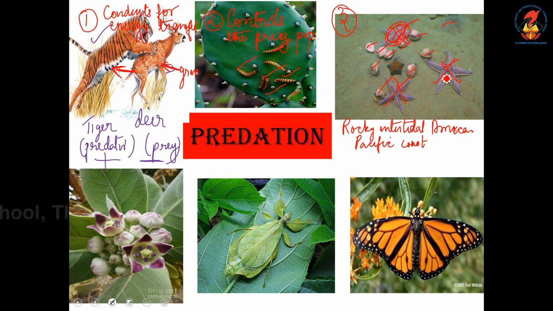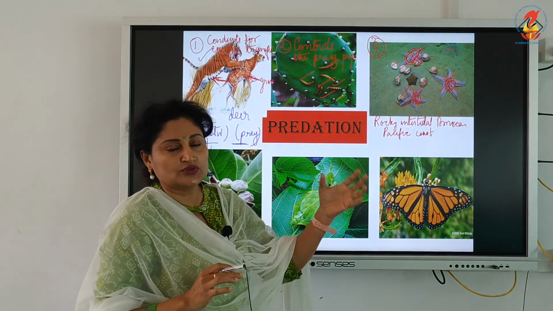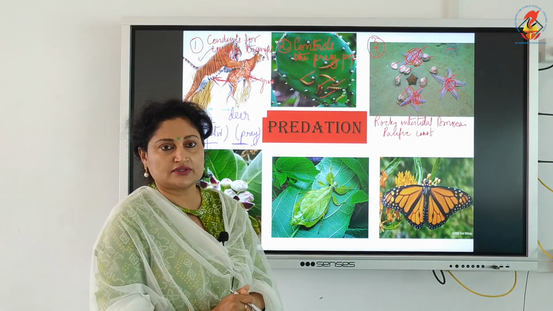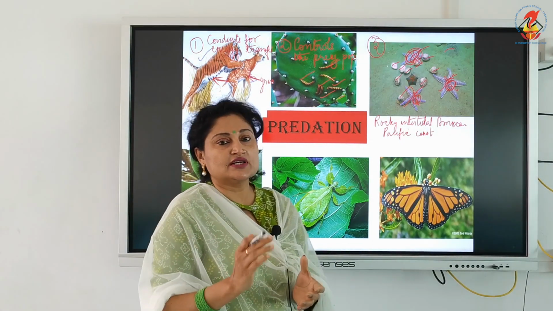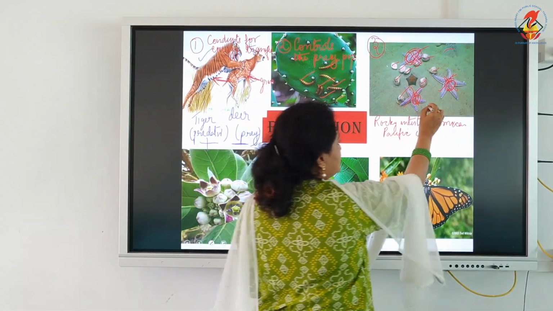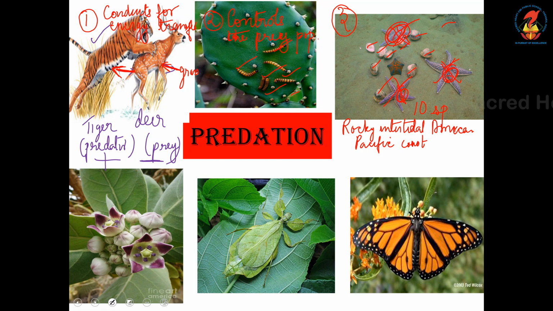So I am removing all the starfishes. All the starfishes were removed, and this particular intertidal enclosed area was under observation. What happened is that within a year, nearly 10 species, you may not believe it, 10 species of invertebrates became extinct. They disappeared and became extinct.